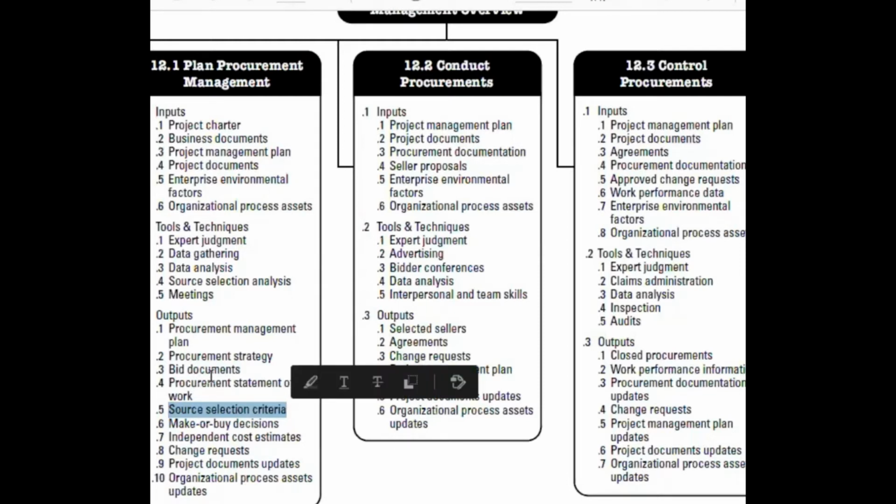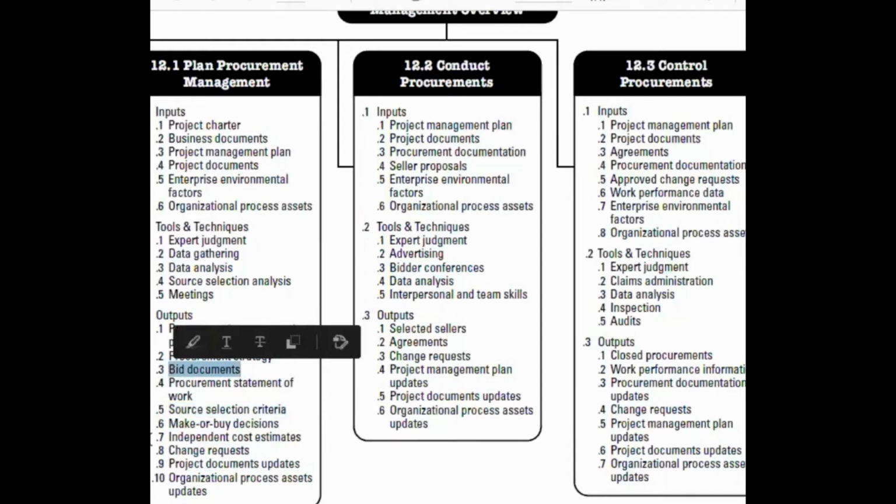So you will issue the bid documents to only those selected types of sellers. These sellers will look at the bid documents and they can ask you many questions, and you might have a bidders conference to answer the sellers' questions in the process of conduct procurement.